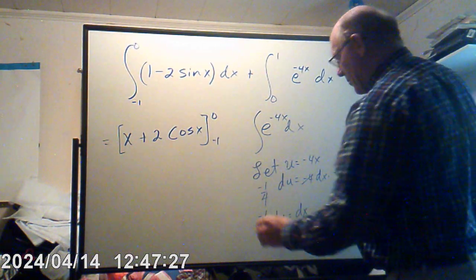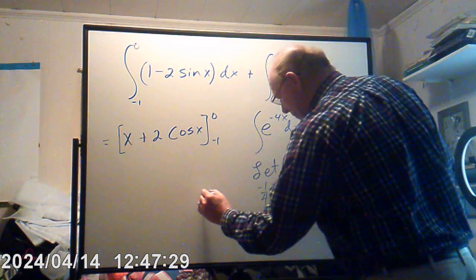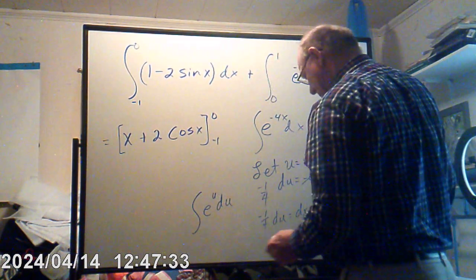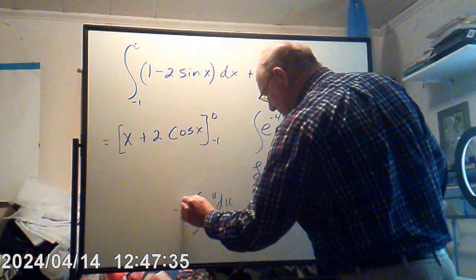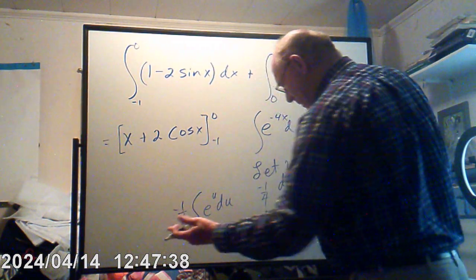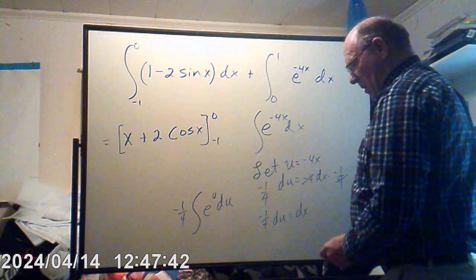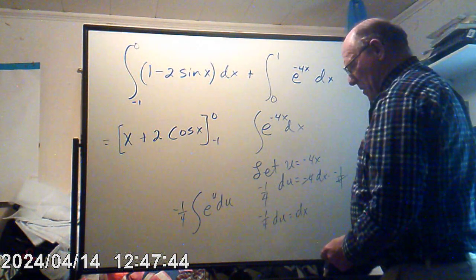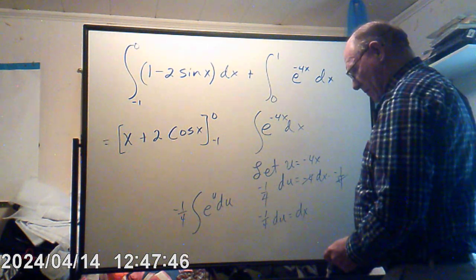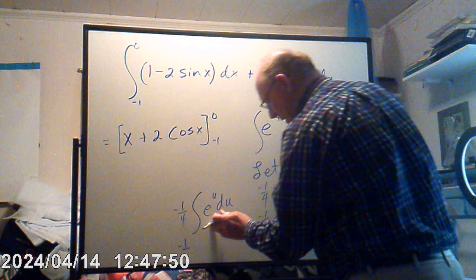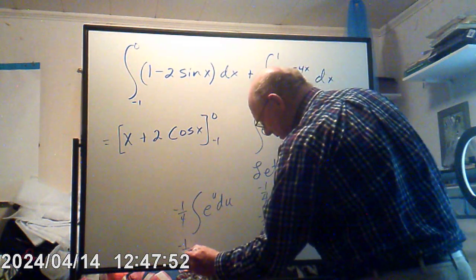Okay, so this means that when I integrate e to the u du, of course I have to put my -1/4 in front of that. The antiderivative of e to the u is just e to the u.